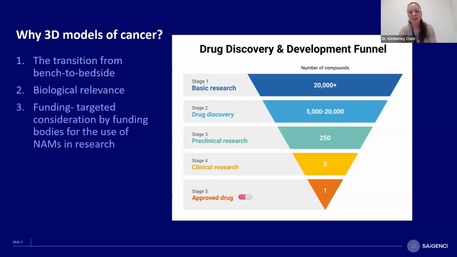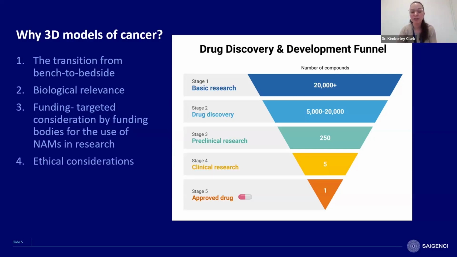And increasingly, we're seeing that funding is relying on the better application of 3D models and more biologically relevant models. As we've seen from the European funding bodies recently, there's targeted consideration that non-animal models are utilised more effectively in research. And so this is something that is going to be critical for many of us as we generate different projects.